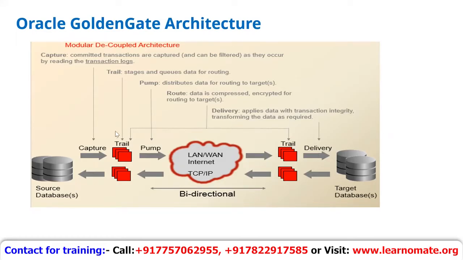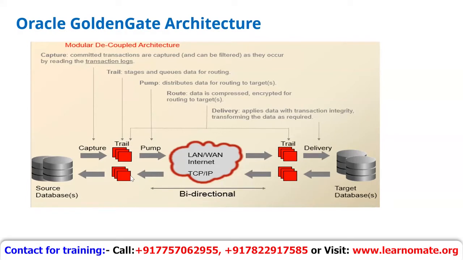So the capture process captures the data and writes it to a local trail on the local machine. These trail files are binary format files which consume space on your operating system. So the extract process extracts the data and writes it to the local trail.